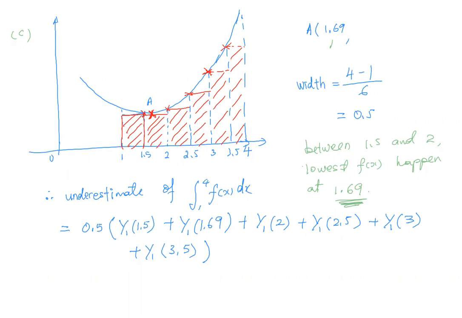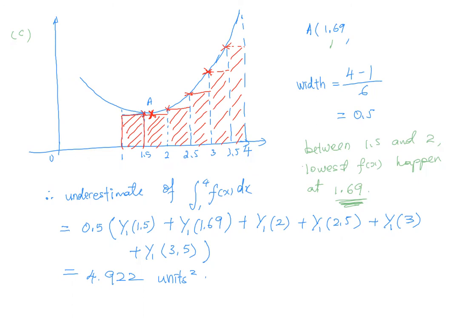Okay, you get the answer 4.922. So the answer is 4.922 unit square. Okay? Got it?